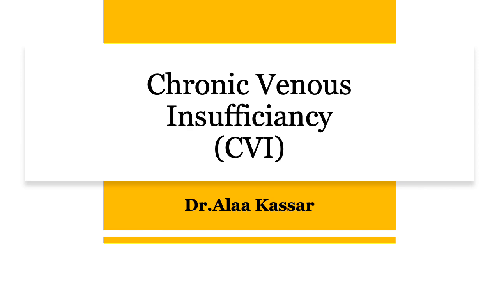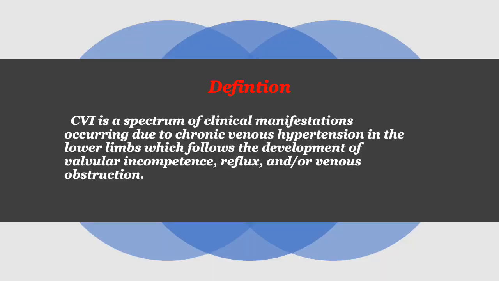Our lecture today is about chronic venous insufficiency. What is chronic venous insufficiency? Chronic venous insufficiency, or CVI, is a spectrum of clinical manifestations occurring due to chronic venous hypertension in the lower limbs, which follows the development of valvular incompetence, reflux, and or venous obstruction.